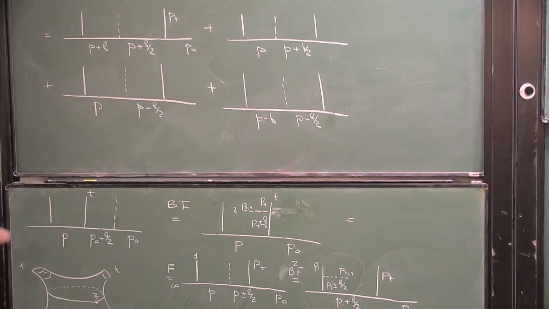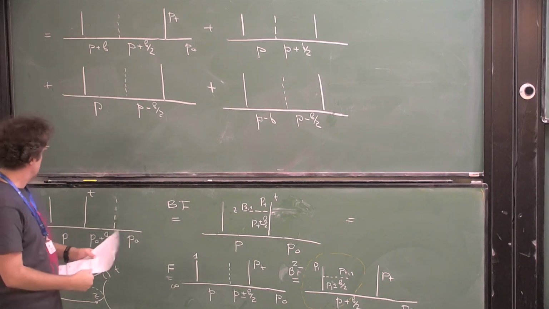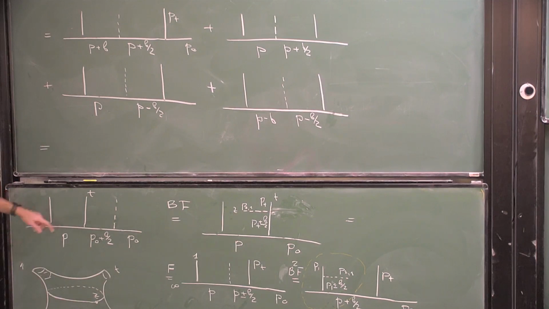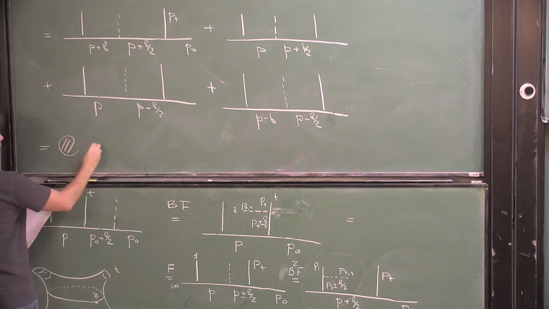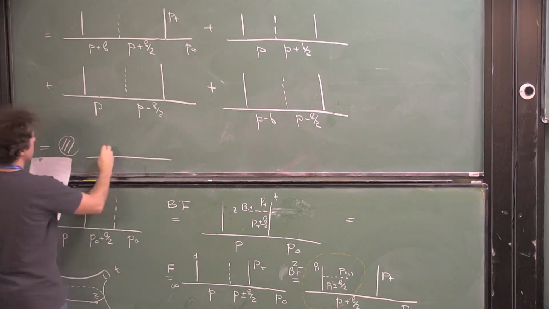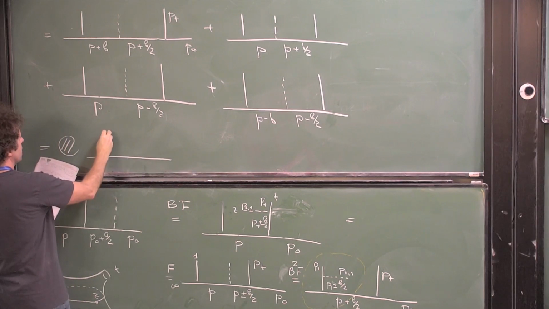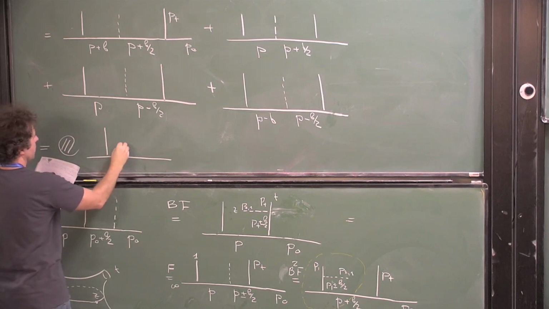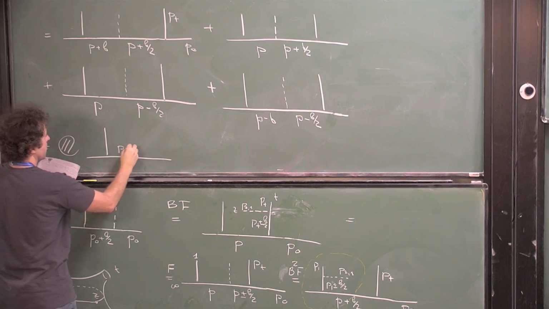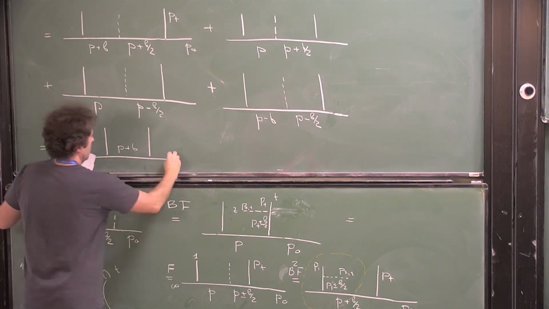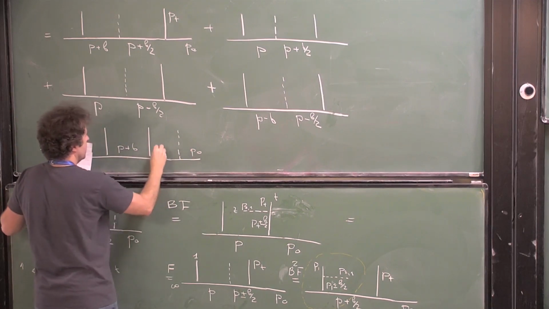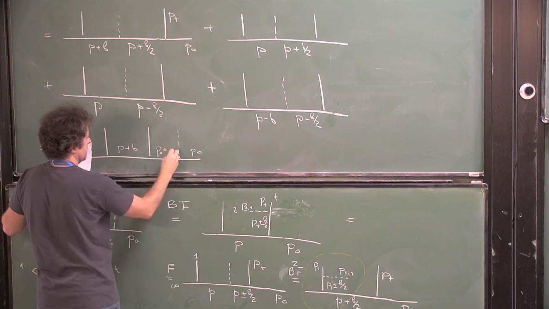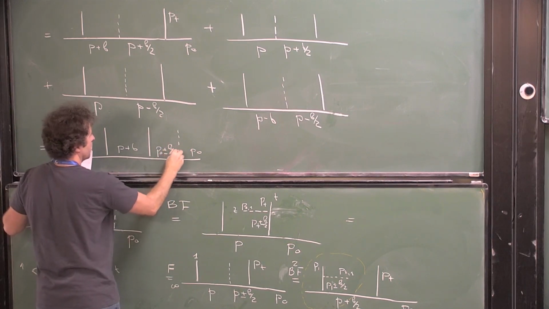And so in the end, the result of analytic continuation of our initial conformal block that we had over here will be a linear combination of conformal blocks of the following form. So we are going to have here p plus b, here p naught, here p naught plus or minus b over 2.